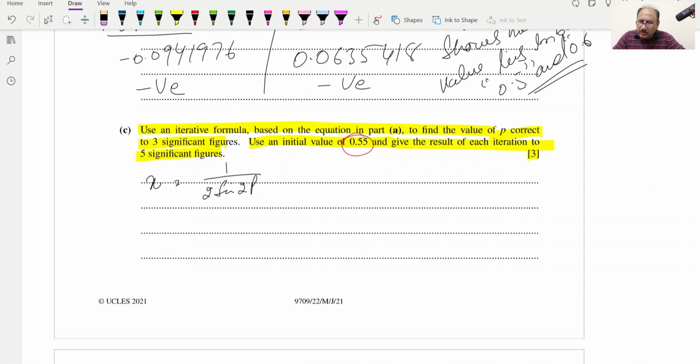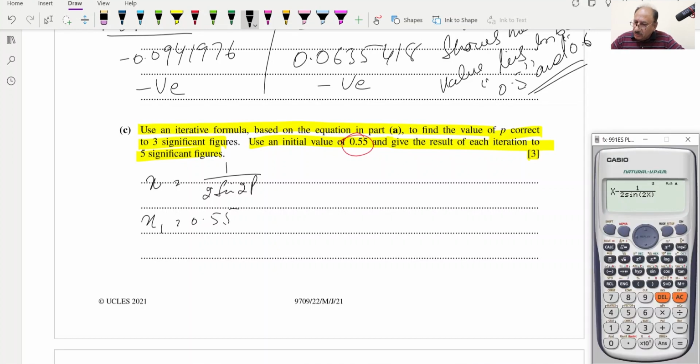Okay, so based on the equation in part A to find the value of p to three significant figures, we can write x1 as 0.55, and the same equation which we have written over here, we'll just remove this x, and this is the remaining part which we are using.